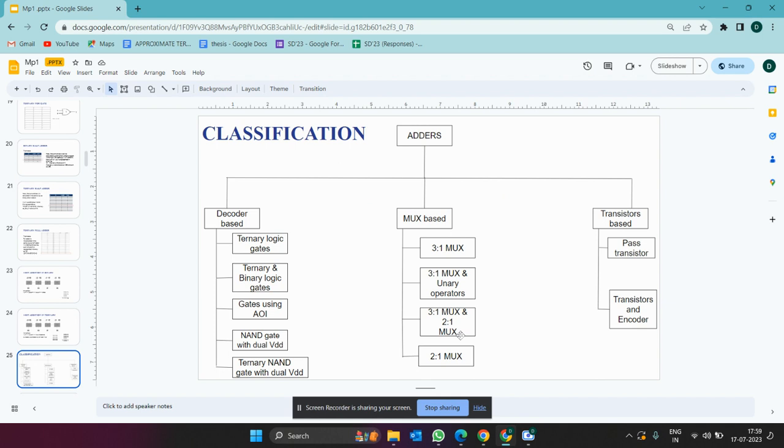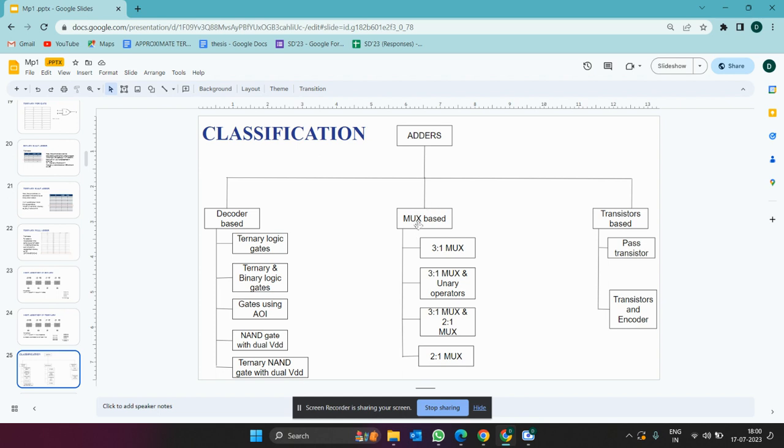And we have classified the adders into three types, that is decoder based, mux based, and transistor based. The decoder based has five types, that is ternary logic gates, and ternary and binary logic gates using AOI, NAND gate with dual VDD, and a ternary NAND gate with dual VDD.